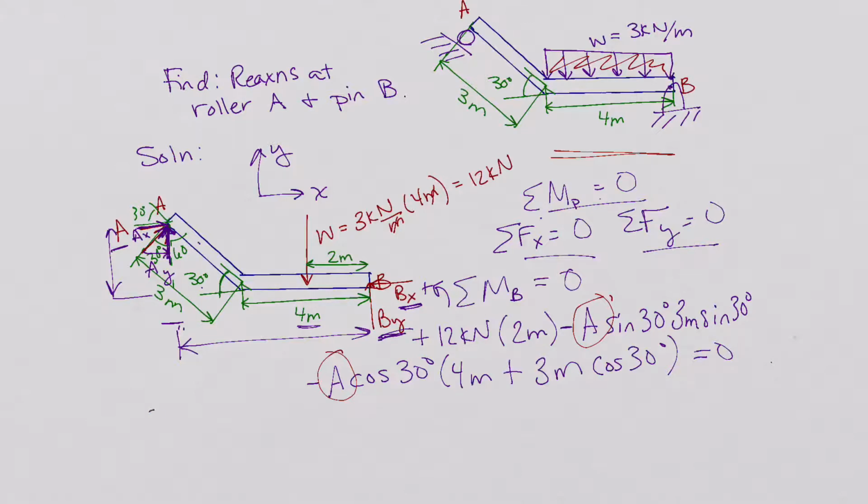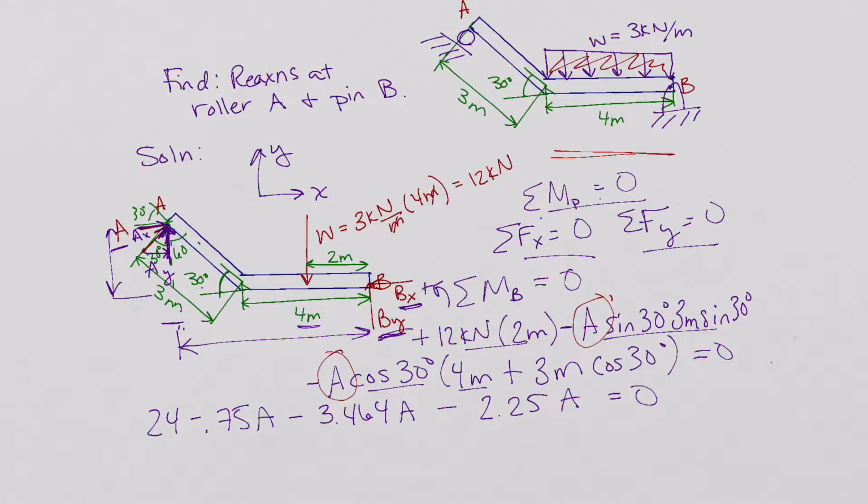So it's 24 for that first one, minus 0.75 times A, minus A cosine 30 times 4, so 3.464A, minus A cosine 30 times 3 cosine 30, which is 2.25A, and that equals 0.